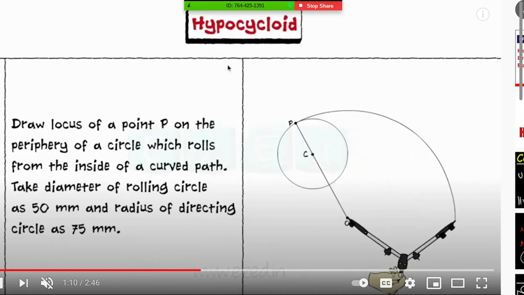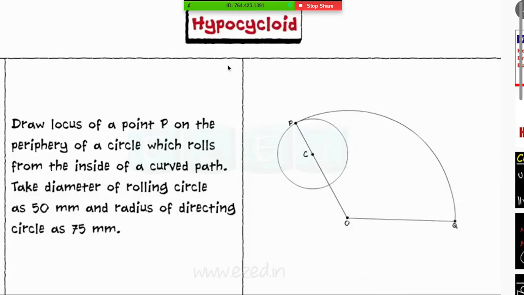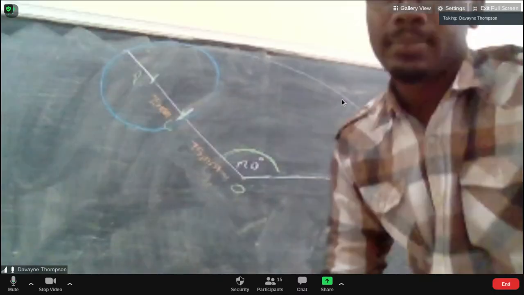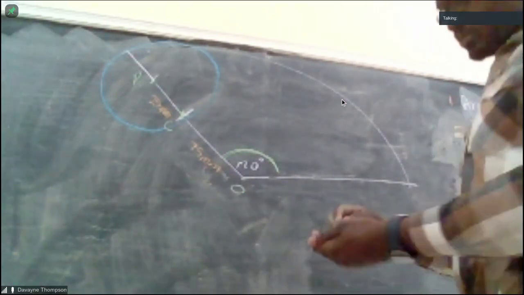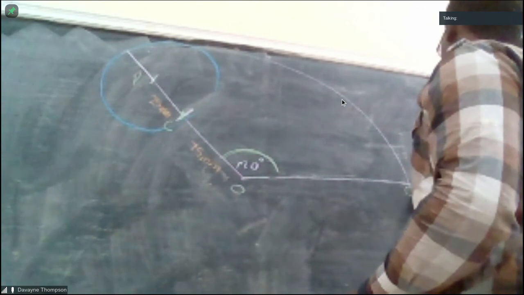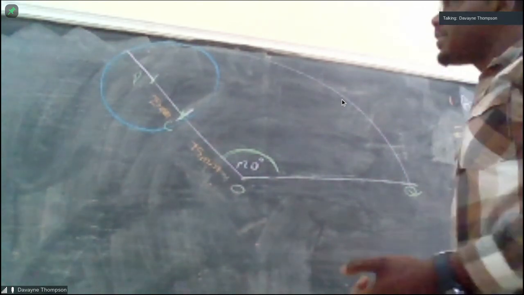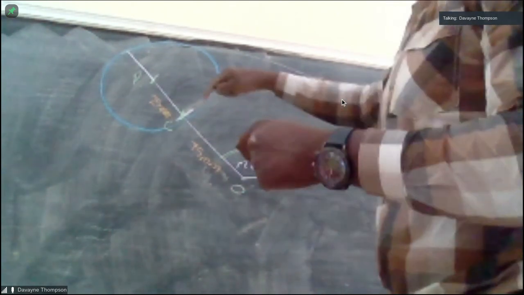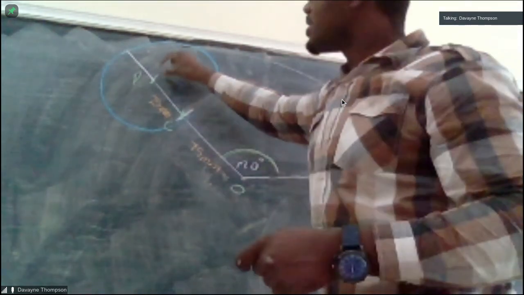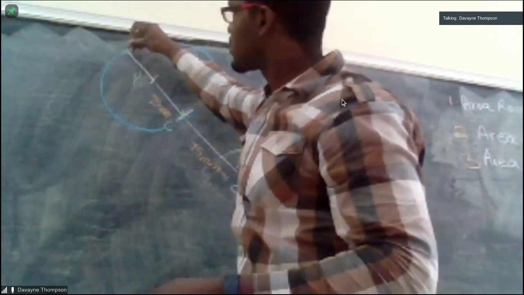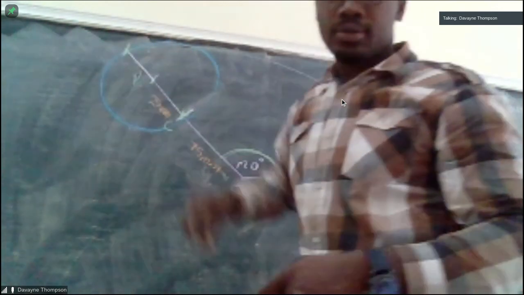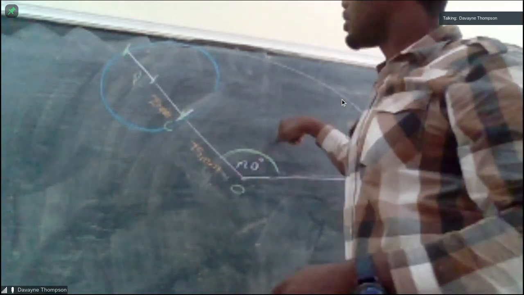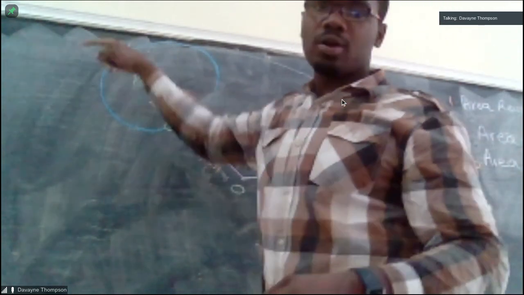We're going to call that point Q. So there's a difference between a hypocycloid and the epicycloid. With the epicycloid, wasn't this point all the way up here? Because now we're inside of this circle, before we were on the outside up here.